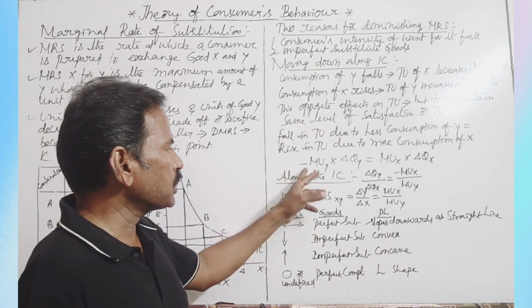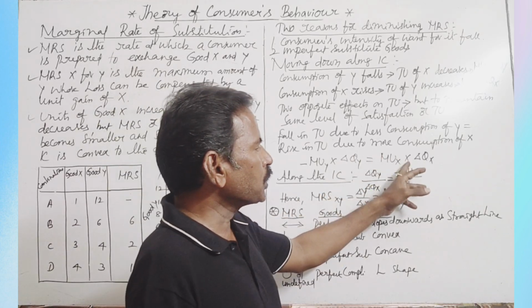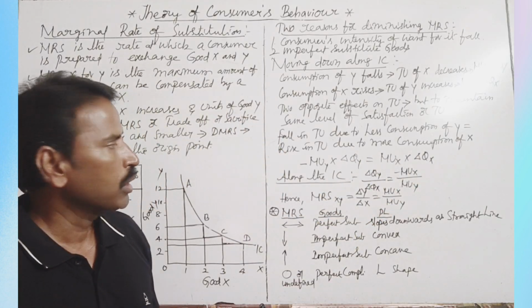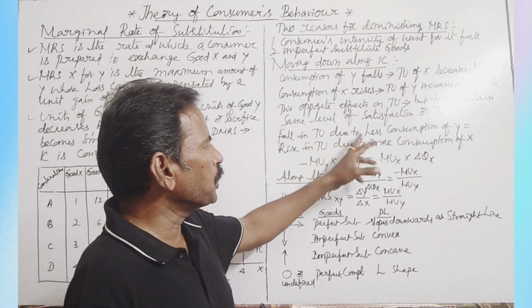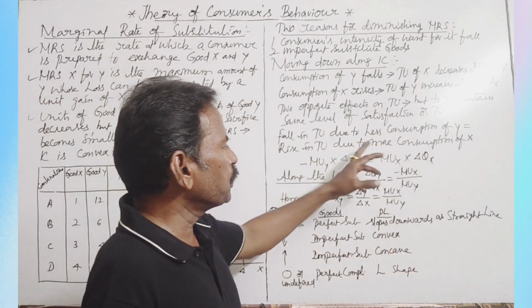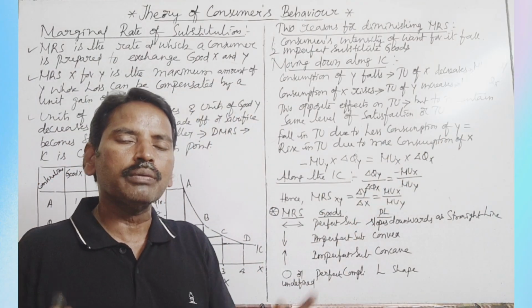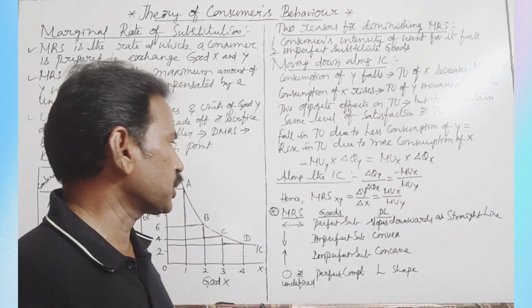That is, minus MUY into delta QY is equal to MUX into delta QX. Ultimately the level of satisfaction remains constant.